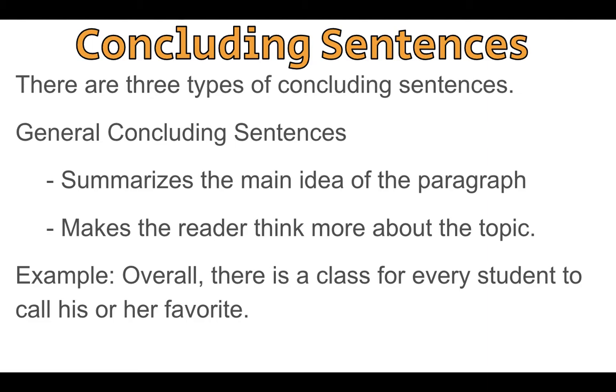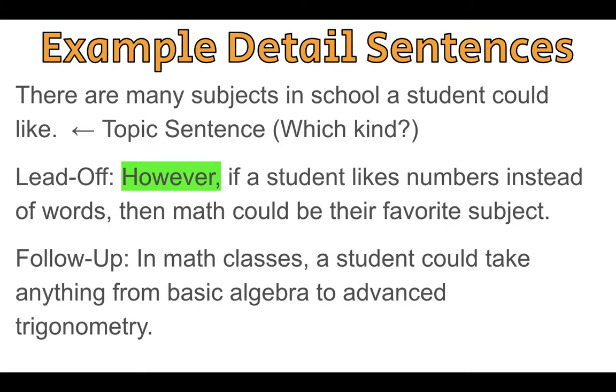So there are three types of concluding sentences. These are very similar, they're identical actually, to topic sentences, okay? So there's the general ones. They summarize the main idea, and they make the reader think more about the topic. So if we're going back to this sentence, there are many subjects in school a student could like.